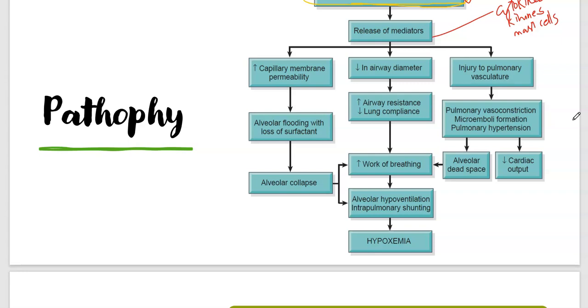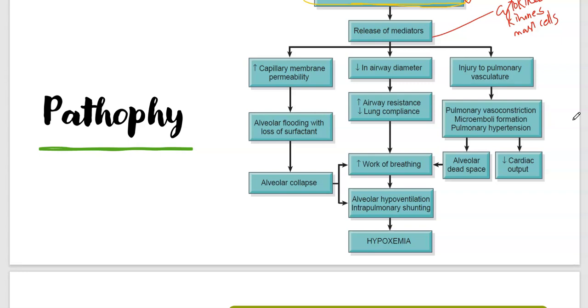Tapos, since palaging nakataas yung immune system response natin, and because there is your inflammatory response as well ongoing, eventually your alveoli cannot take in so much of that flooding of fluid into its own specific space, because you know your alveoli is specifically for your gas exchange. So again, it inflates and deflates on its own because it needs air only.